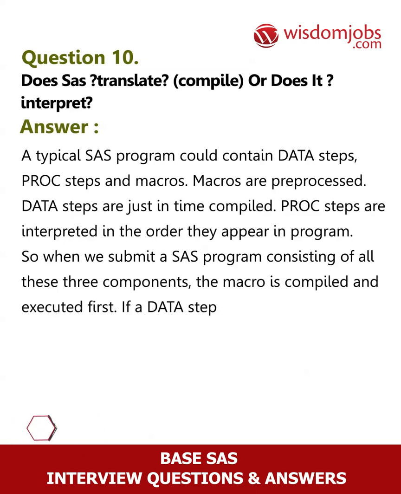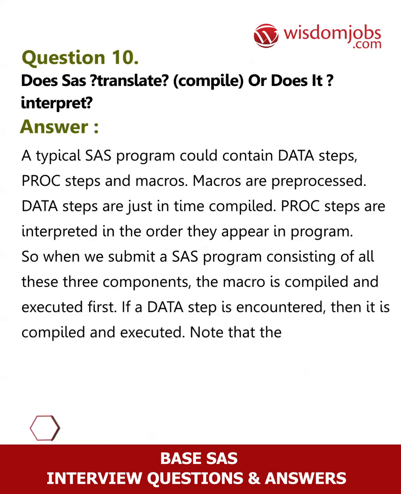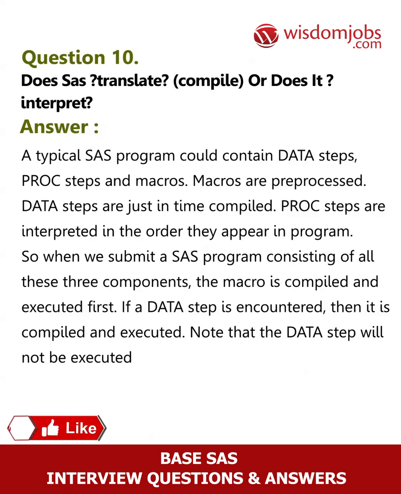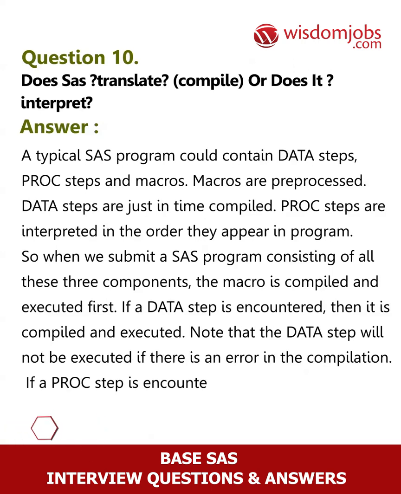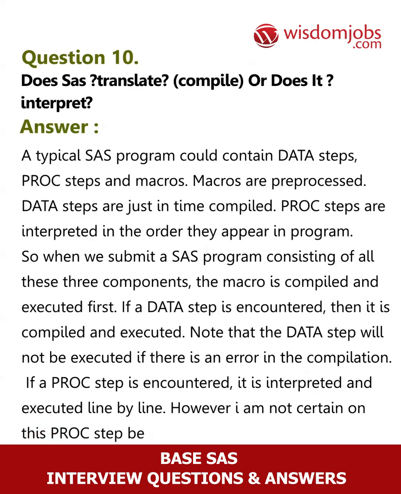If a data step is encountered, then it is compiled and executed. Note that the data step will not be executed if there is an error in the compilation. If a proc step is encountered, it is interpreted and executed line by line. However, I am not certain on this proc step behavior.